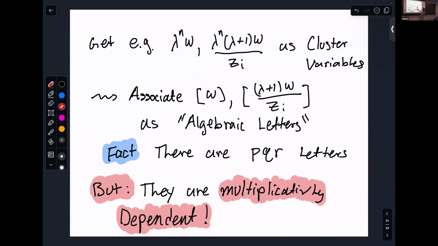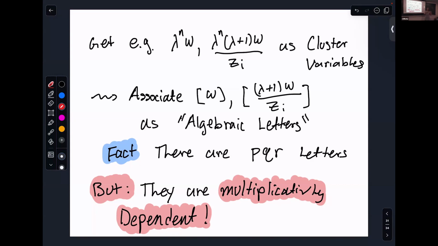You can ask how many different ones am I going to get? Basically, doing a little calculation, it's easy to convince yourself that there's sort of P times Q times R different letters that are the ones that appear explicitly on the double arrow. There should be one for each of the finite cluster variables in general, but if I just compute the ones on the double arrow, there's at least P times Q times R. But there's a lot of multiplicative dependencies between these things.